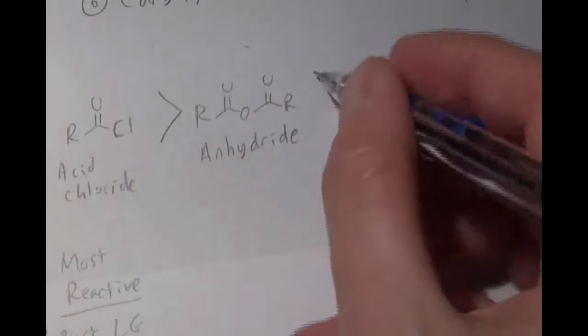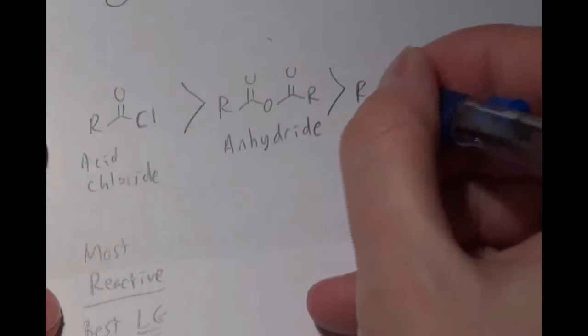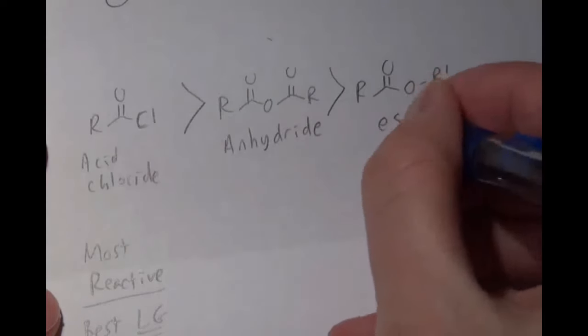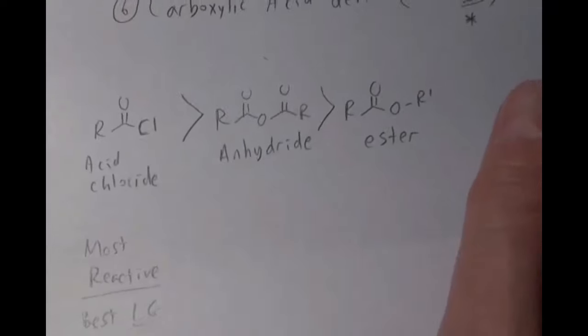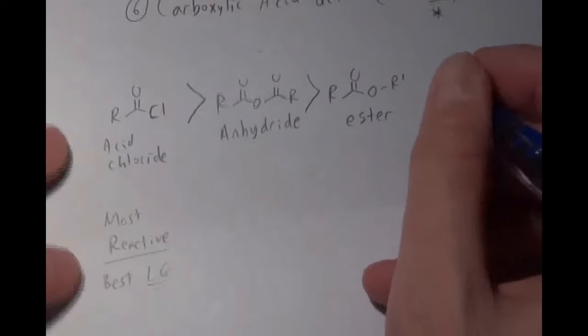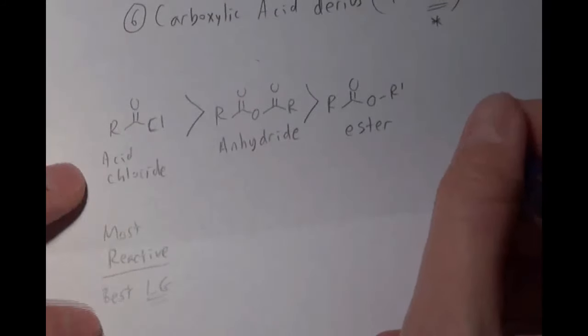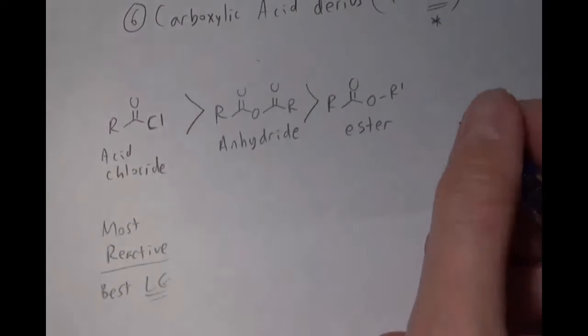And then next up is an ester. You've learned about esters. You at least know what the atomic arrangement is for an ester, right? Trying to get the contrast a little better.